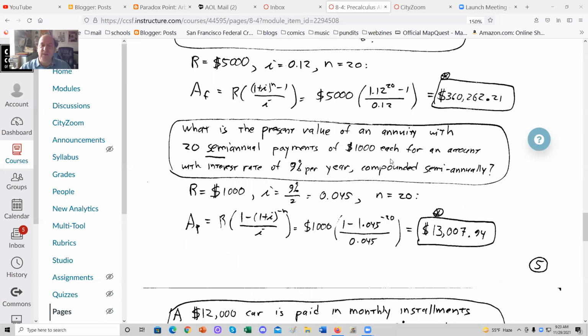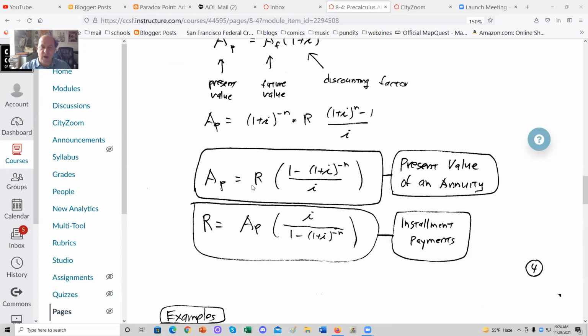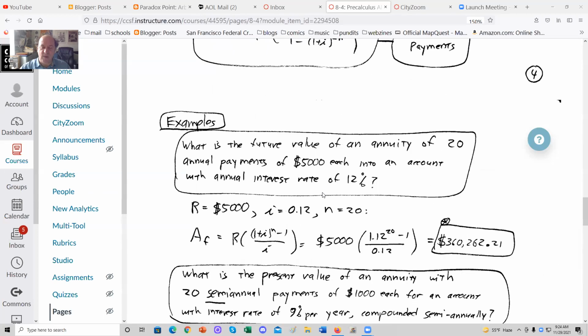Okay, what is the present value of an annuity with 20 semi-annual payments of $1,000 each, for an interest rate of 9% per year, compounded semi-annually? Because of the semi-annual compounding, you have to divide this 9% by 2, so 0.045 is the interest rate per period. It's 20 payments, so n equals 20, and the $1,000 is R. The present value is R times (1 minus (1 plus i) to the negative n) over i.